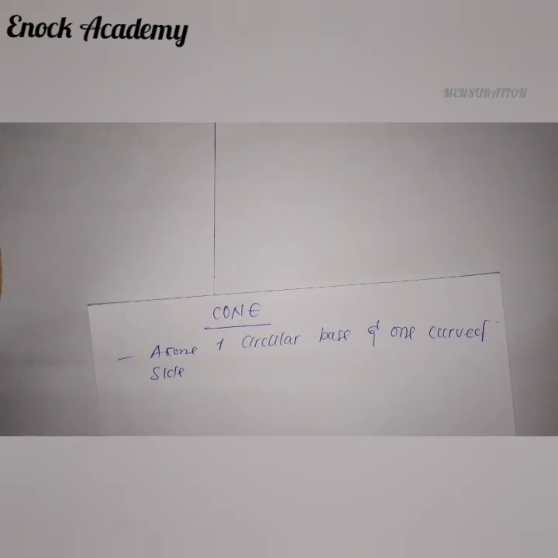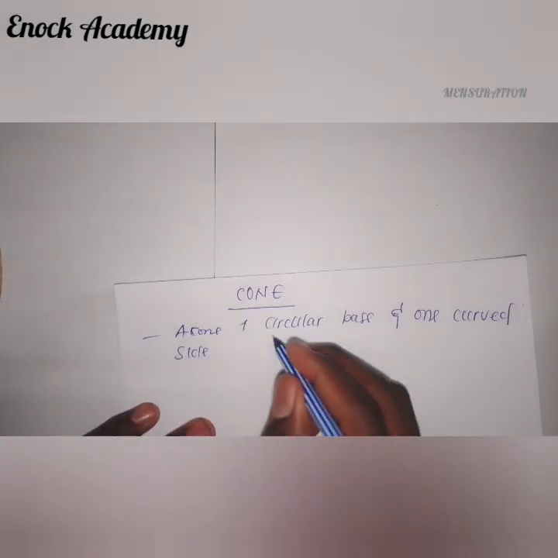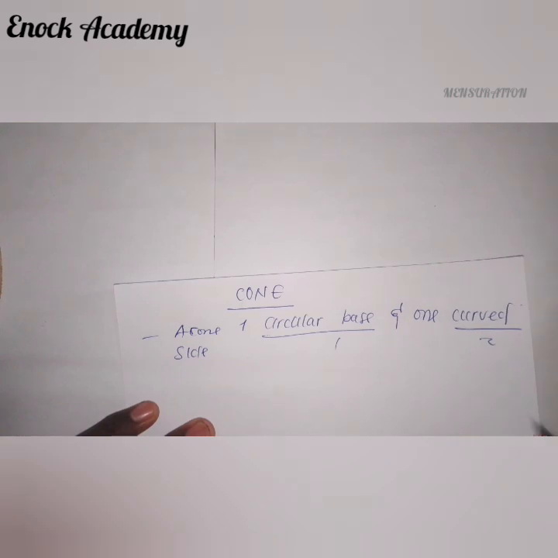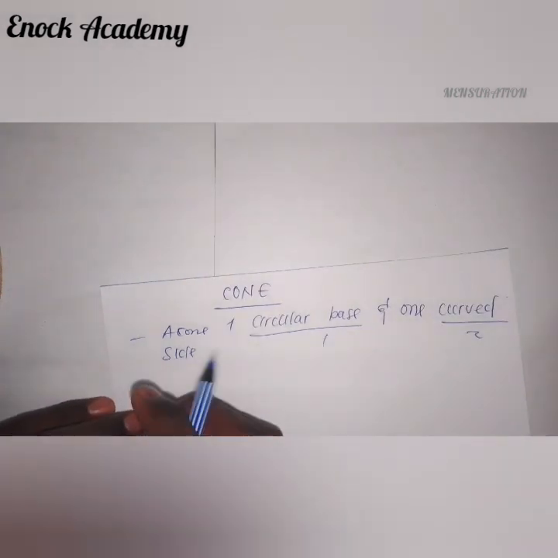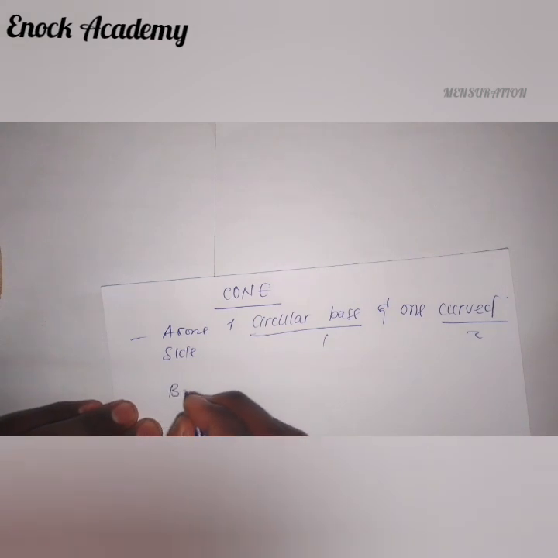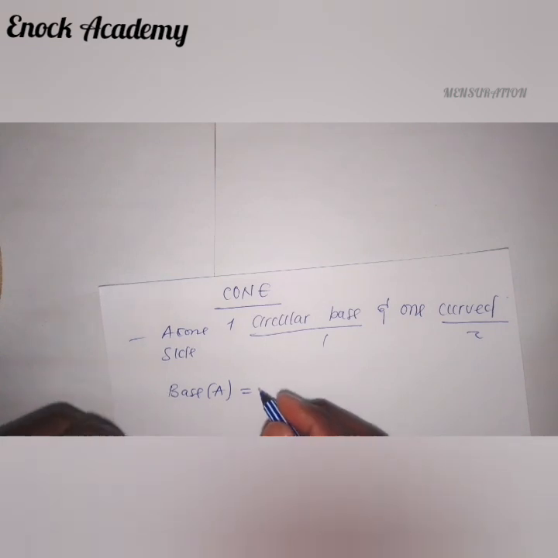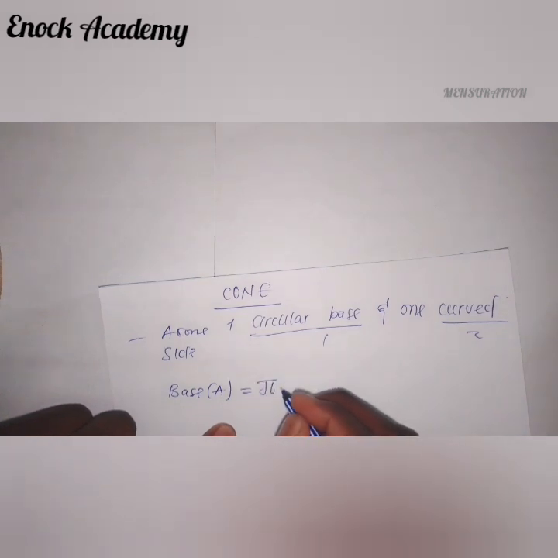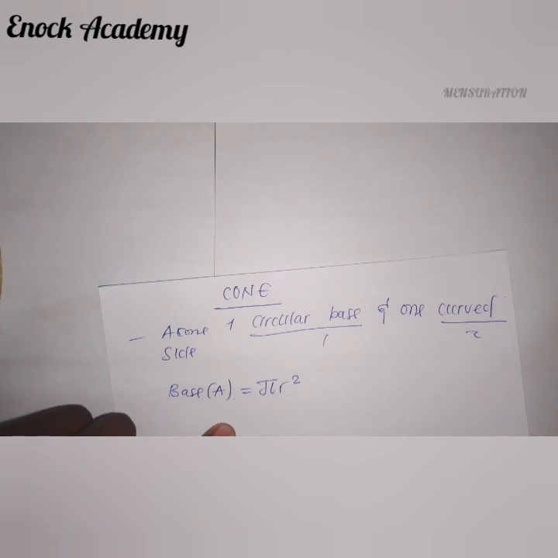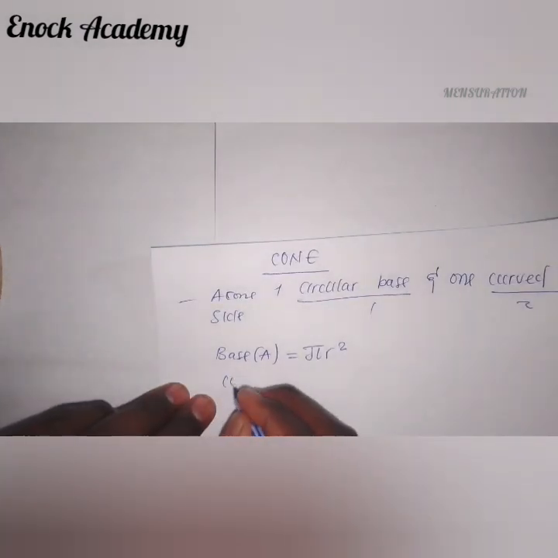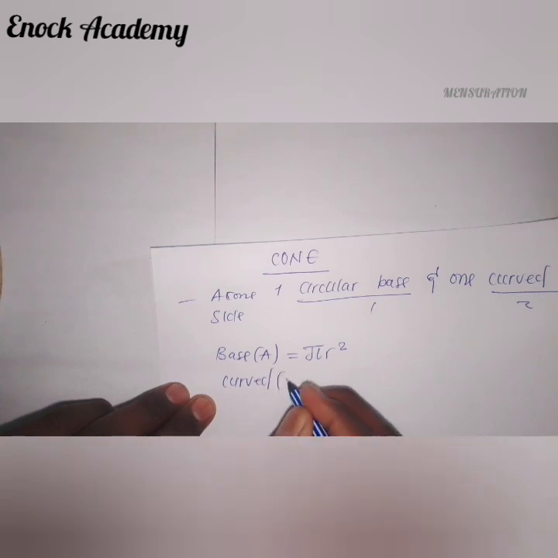So we only have two things, a circular base and one curved side. How do we find the area of the base? The area of the base, the circular base. Remember, the area of the circle is pi r squared. Then the area of the curved side.